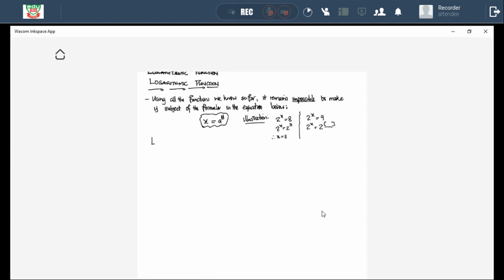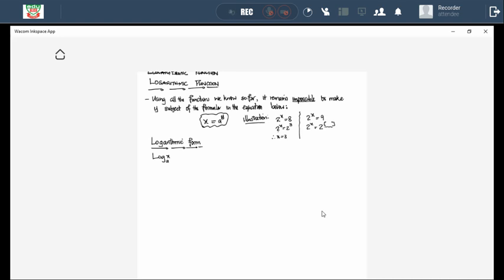Okay, the logarithmic form. Log x base a.